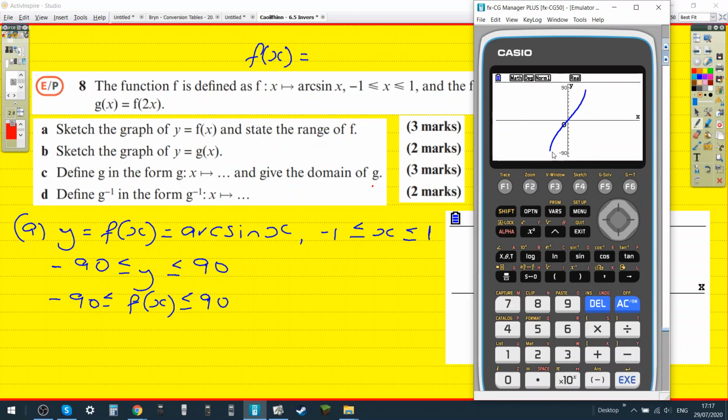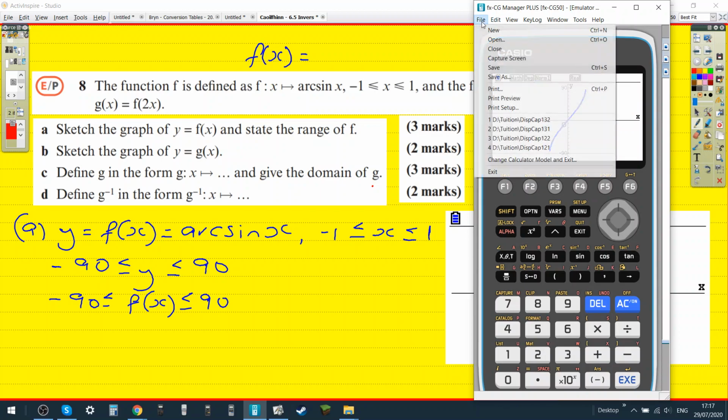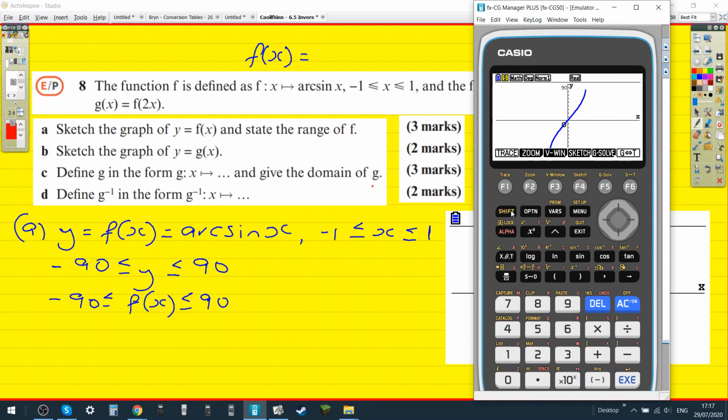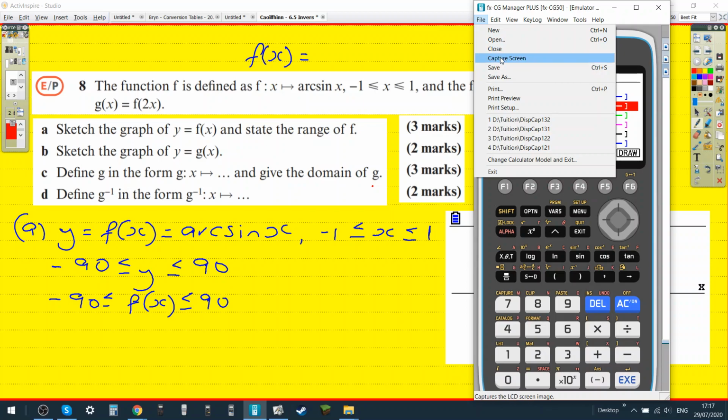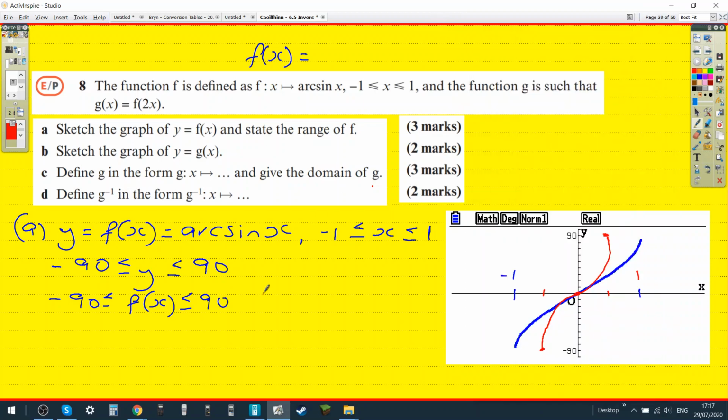There you go, and it's the same idea. There's probably some way to get graphical solve, like the minimum. That'll work, won't it? Not found. I never know how to use this thing. Okay, let's see.